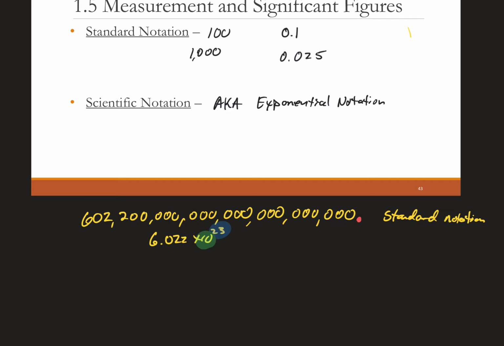The 10 to the 23rd tells us that this decimal is moving 23 times to the left in order to convert it from standard to the scientific notation.